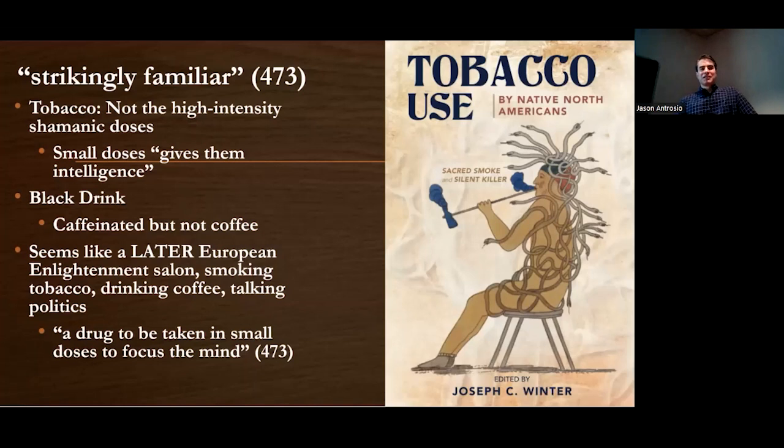But the point is that the ways in which they say something is kind of curious. They say, on page 473, "No doubt it would be too much to suggest that the Enlightenment itself had its first stirrings in 17th century North America."